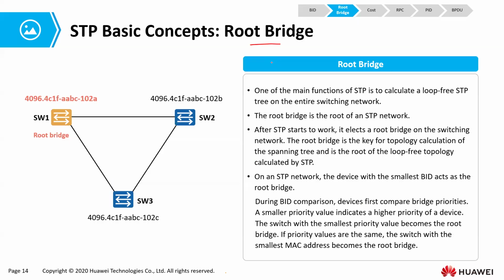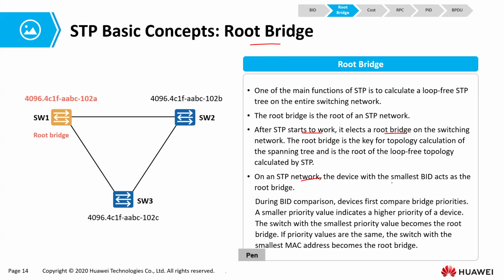That's how we prevent loops, basically. So the first thing in an STP network, it's not exactly what you have to do, but it's what the network does, is identify the root bridge. The root bridge is the root of an STP network. After STP starts to work, it elects the root bridge.